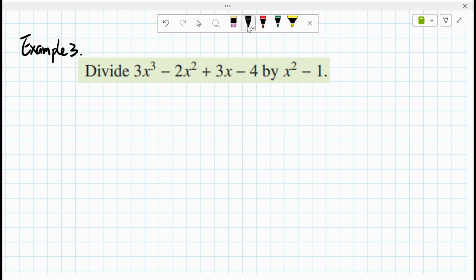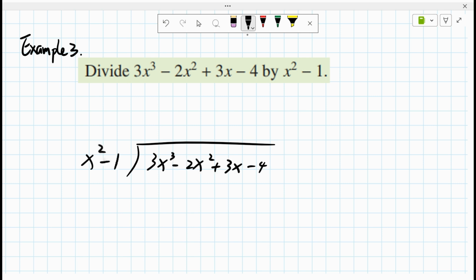First thing, long division, as always. 3x cubed minus 2x squared plus 3x minus 4 divided by x squared minus 1. Perfect. The x squared minus 1 is your divisor.